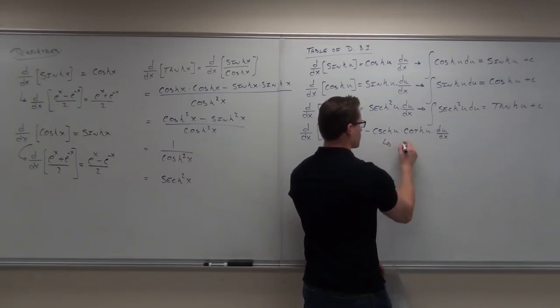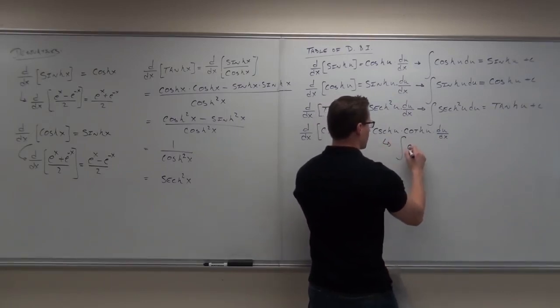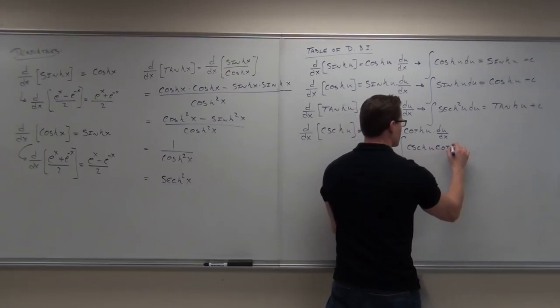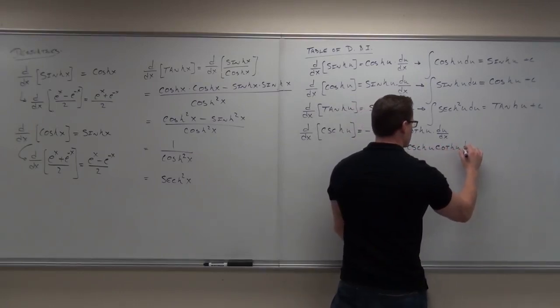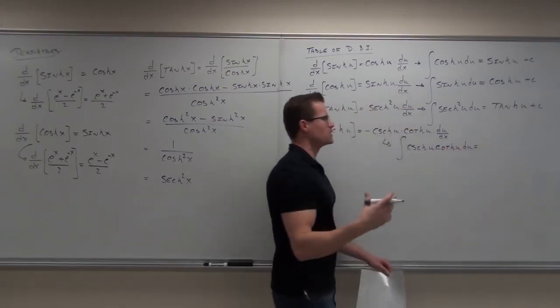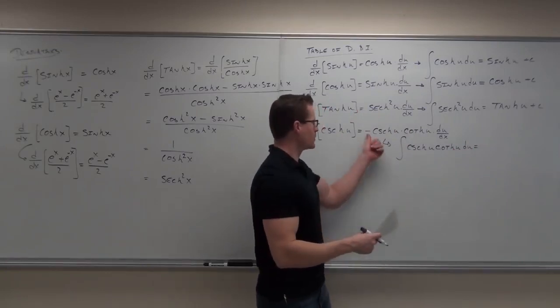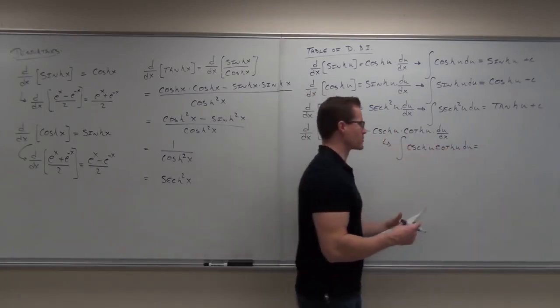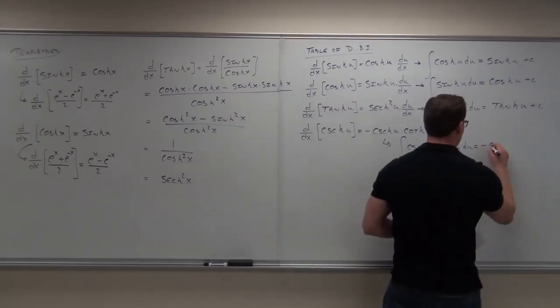Which means that our integral of hyperbolic cosecant cotangent, this is what we typically do with our integrals. We usually don't have the negative in here, we just say the answer, our resultant, is going to be negative.